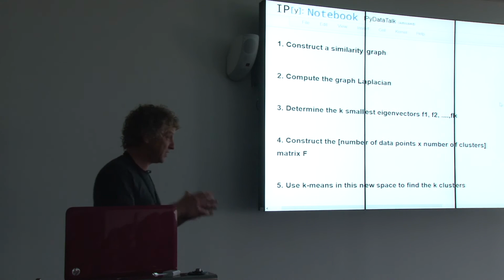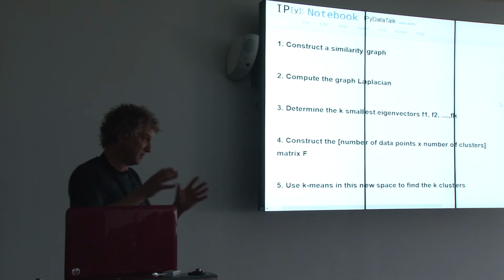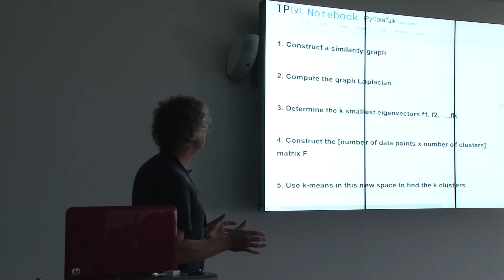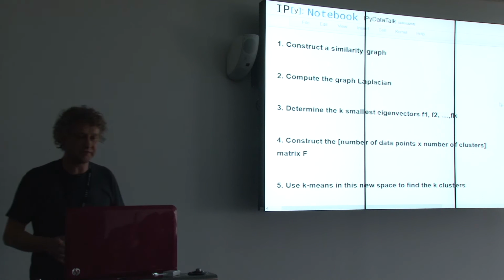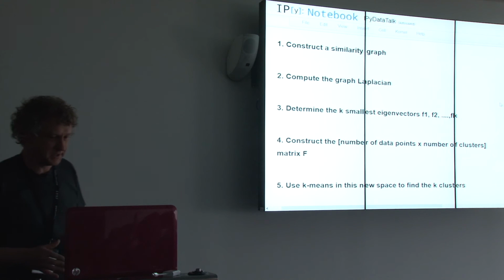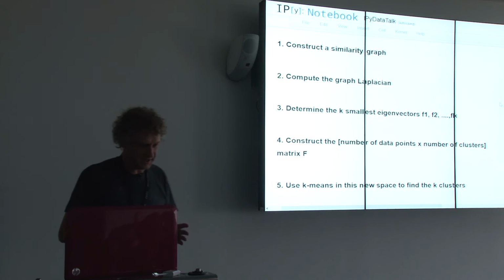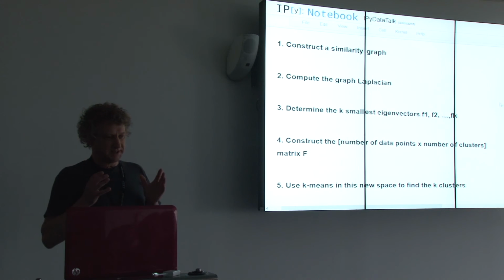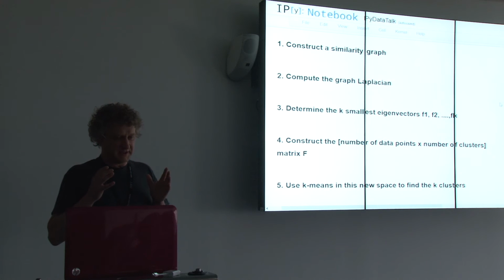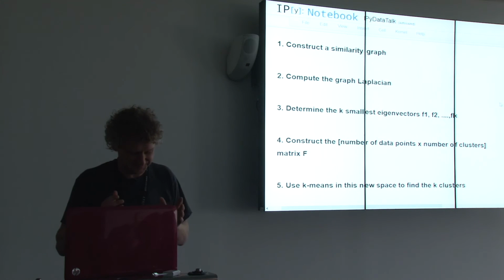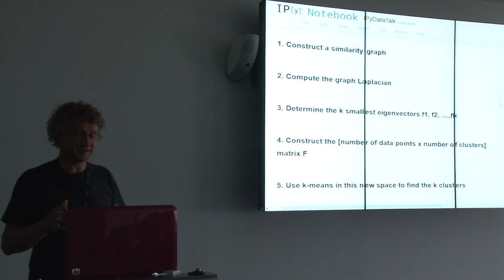So the idea is you start with this similarity matrix or similarity graph, and from that you create what's known as the graph Laplacian. The graph Laplacian is basically, you take the adjacency matrix.